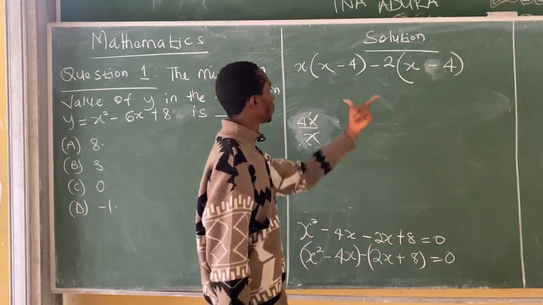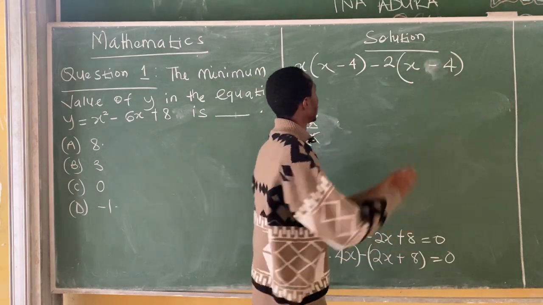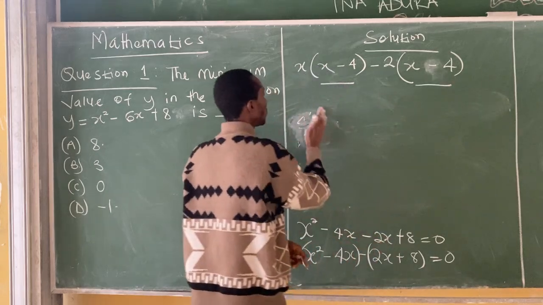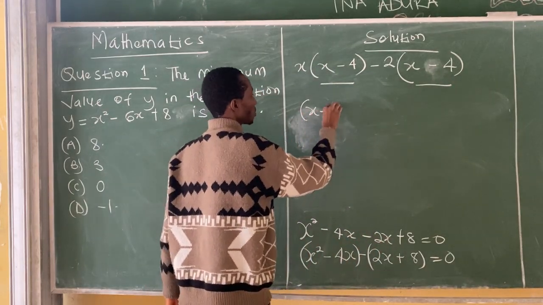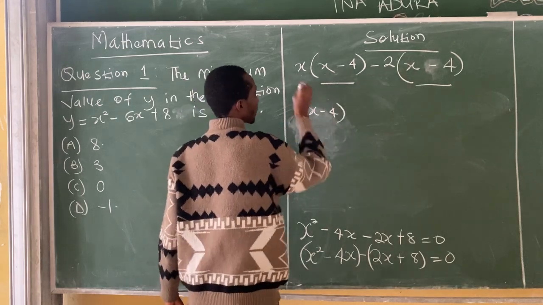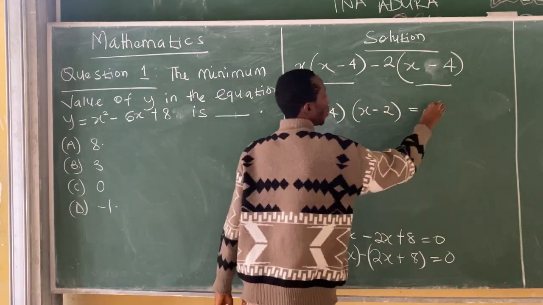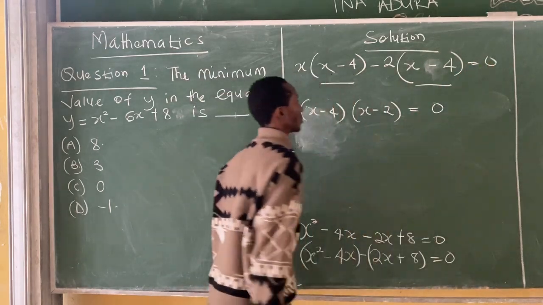Now if you observe, what we have in this bracket is the same as what we have in this bracket. X minus 4, x minus 4. So we pick one. We have x minus 4. Then what we have outside the bracket, which is x minus 2, equal 0.